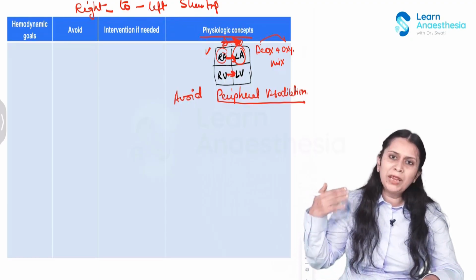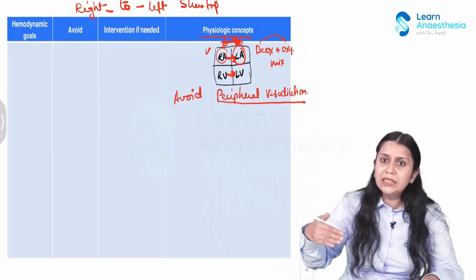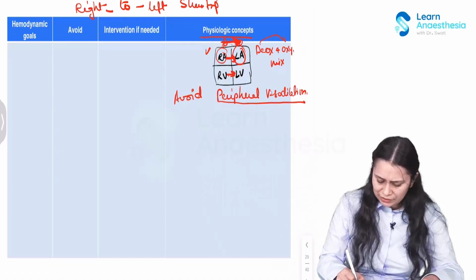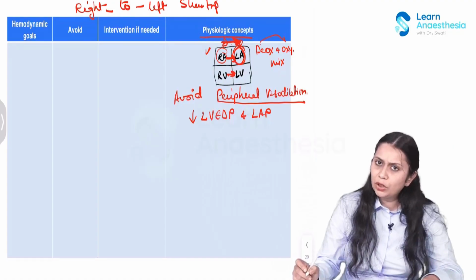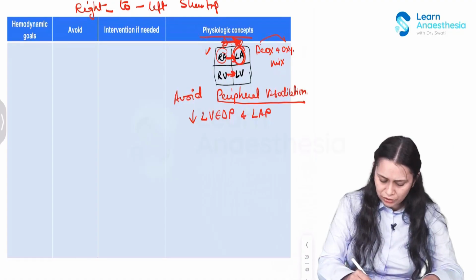The peripheral vasodilatation will decrease the preload, and a decrease in the preload will decrease left ventricle end diastolic pressure and left atrial pressure. When the pressure on this side decreases, the shunt fraction will increase.